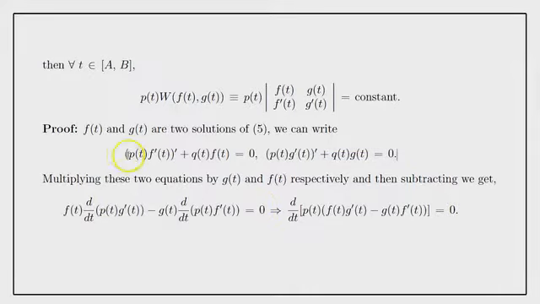Actually you can see, when you multiply this equation by gt, you have the term qt ft gt here, and if you multiply the other equation by ft, you will have qt ft gt there as well. So this qt ft gt cancels with the other qt ft gt, and you are left with ft times d/dt of this minus gt times d/dt of this, equal to 0.